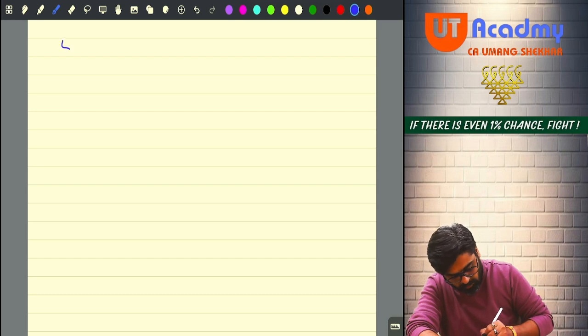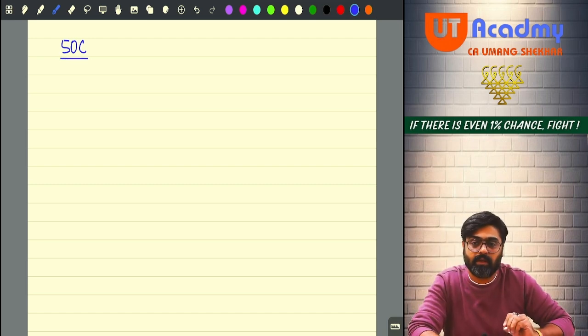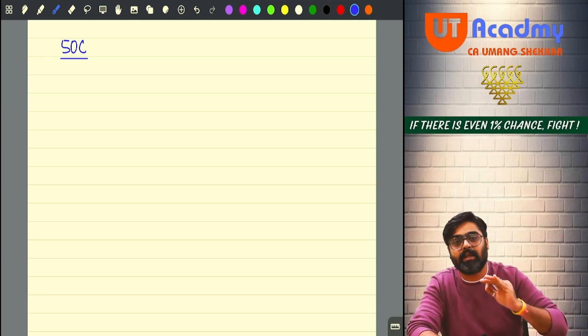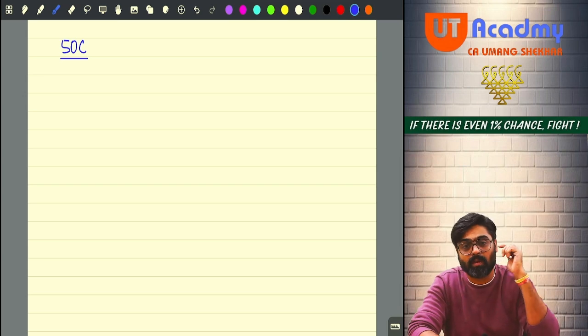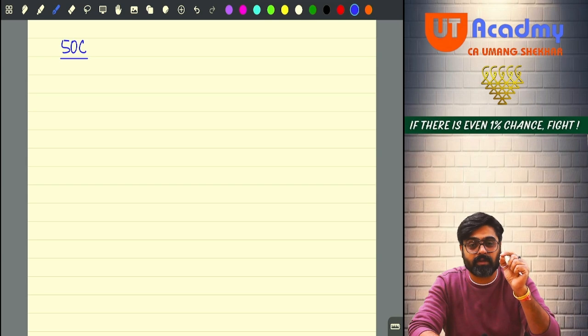if we discuss 50C, okay, 50C is one of the most important sections in your capital gains. See, whenever they ask questions in the exams on capital gains, either they will ask on shares or they will ask on immovable properties. What did I say? Either the question on shares or the question on immovable property. Other assets are very rarely asked.